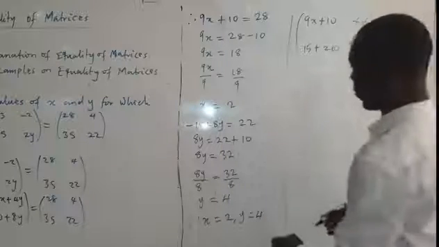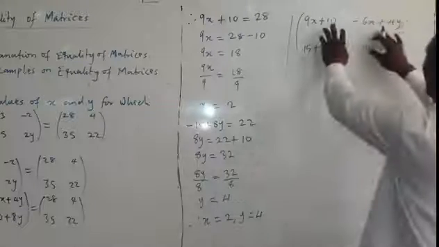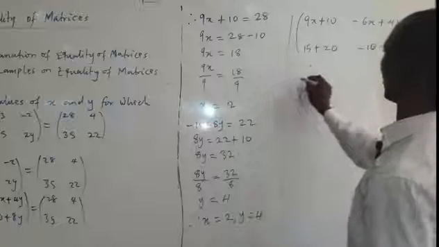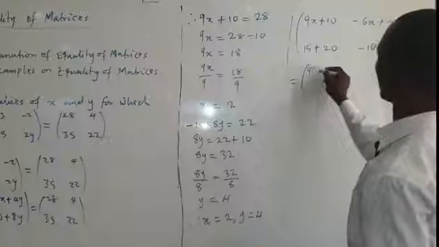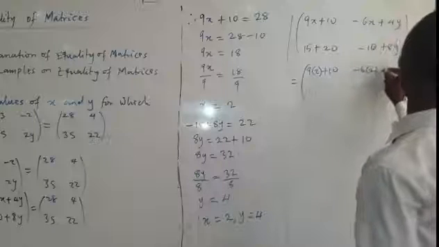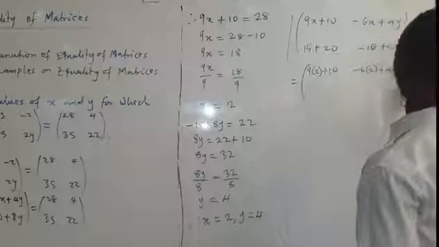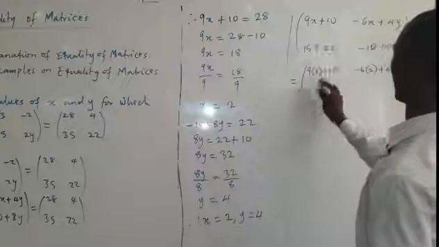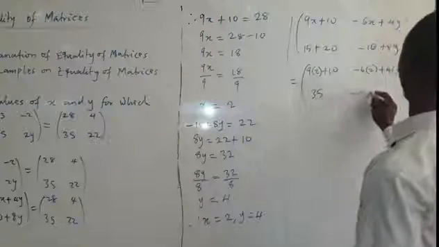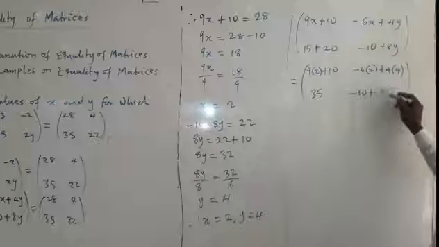So we now replace all the values of x and y here with 2 and 4. So we have 9 into 2 plus 10. Then we have minus 6 into 2 plus 4 into 4. Then 15 plus 20, that's 35. Then we have minus 10 plus 8 into 4.